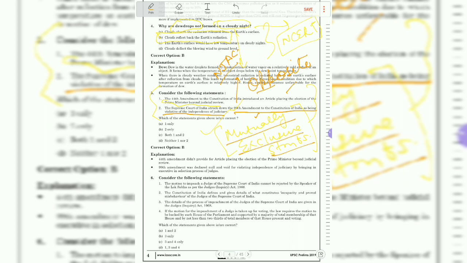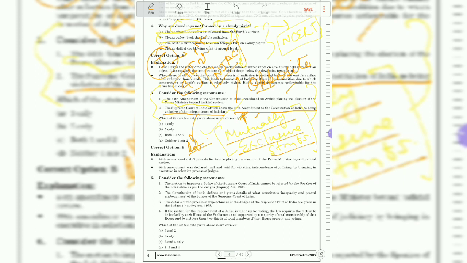Okay, if you read the judiciary chapter, you will come to know about the first judges case, second judges case, third judges case, and it was called the fourth judges case. So it's also covered in basic books, like in Laxmikant also it's covered. So if you have a good reading of the reference book, you are able to identify this statement as true.